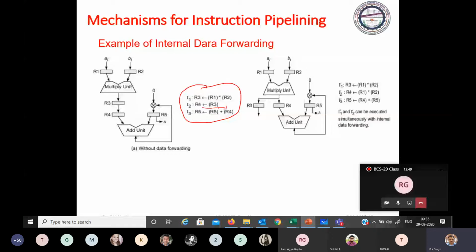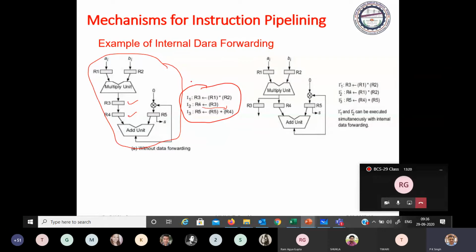So for this, we have this data flow. R1 and R2 are multiplied, stored in R3, then moved, meaning it is moved to R4, and then it is added with R5. Okay, so these three instructions will execute using this data flow.